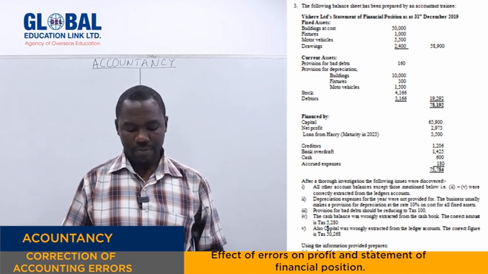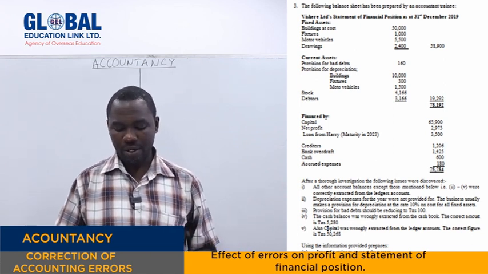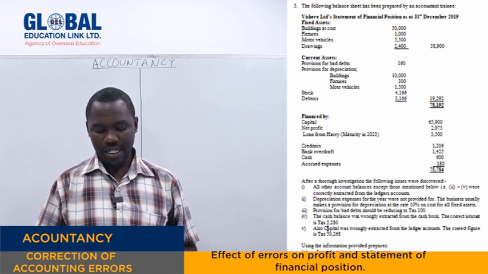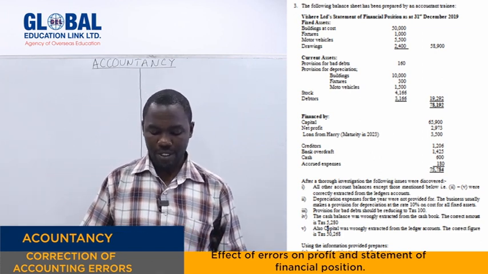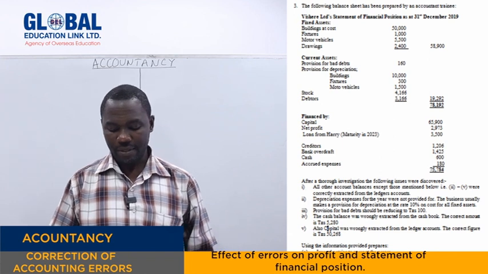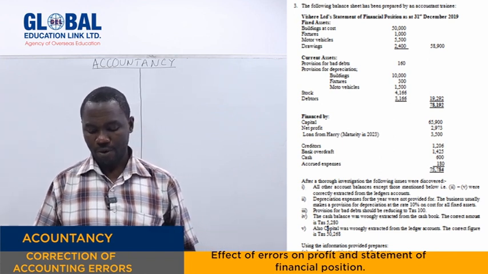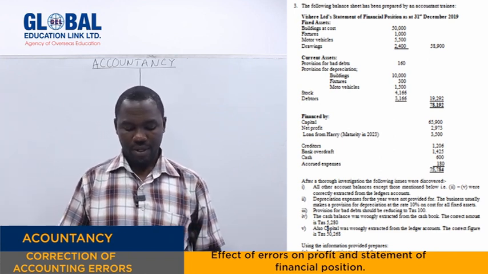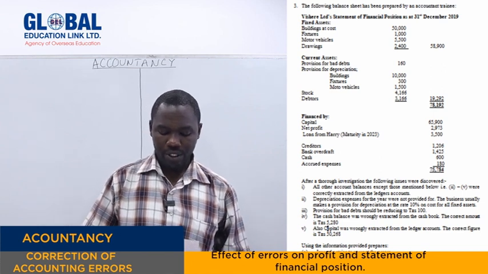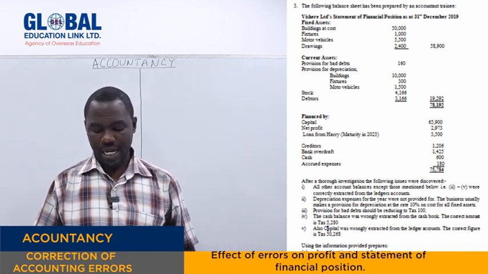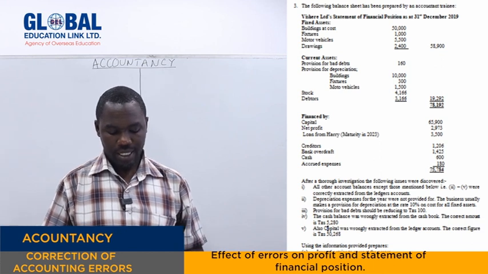Two: depreciation expenses for the year were not provided for. The business usually makes a provision for depreciation at a rate of 10% on cost for all fixed assets. Three: provision for bad debts should be reduced to 100 shillings.